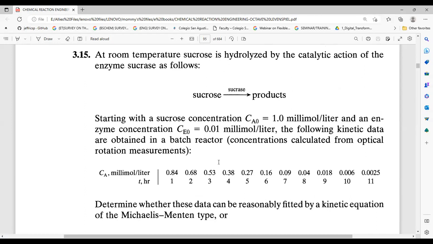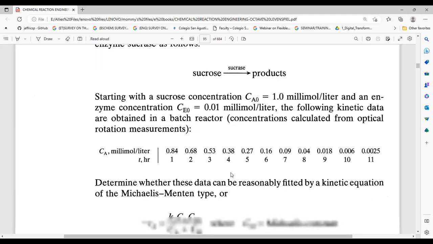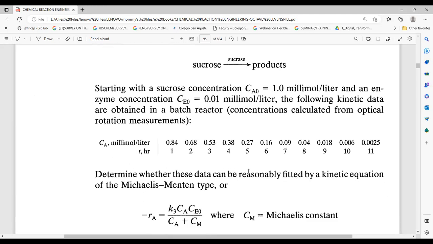Starting with a sucrose concentration of 1 millimole per liter and an enzymatic concentration of 0.01 millimole per liter, your kinetic data is given here, obtained from a batch reactor, and you are to determine whether this data can reasonably be fitted by a kinetic equation of Michaelis-Menten type.